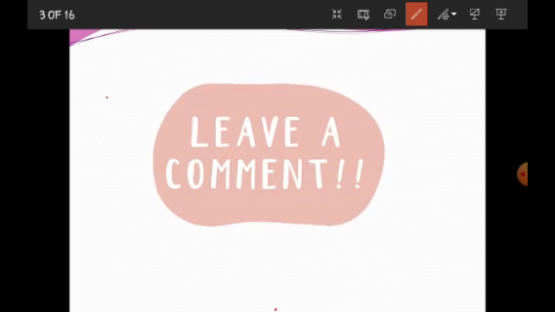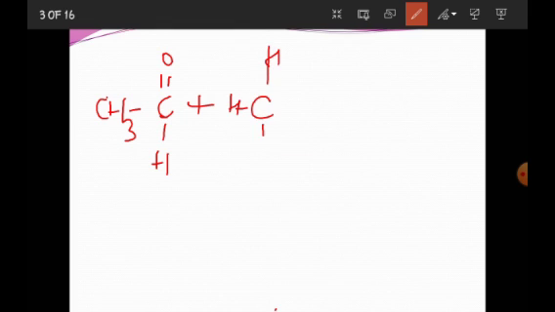So there are 2 molecules. First you will write one here, CH3, C double bond O, and this is H, this is one ethanal. Now this will combine with another molecule, which you should write this way. Now why are we writing it this way?